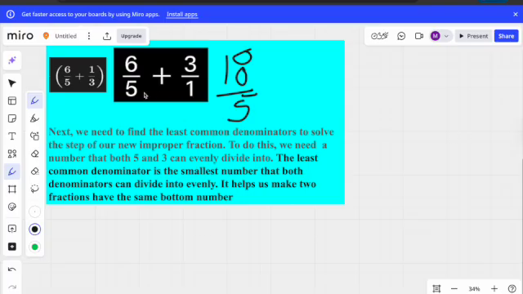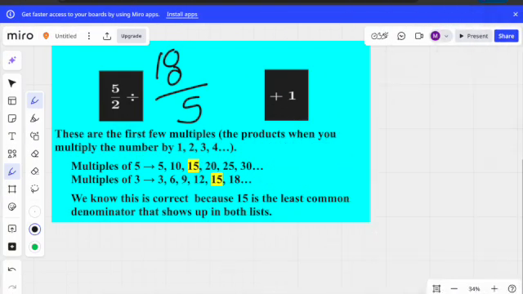And if we're referring to the 5 here and the 3 here that we used to make the 18 over 5, ultimately, what we're trying to do is take that 18 over 5 and separate it with the denominator that is equal on both sides. Okay, now we must find these least common denominators to separate that 18 over 5.